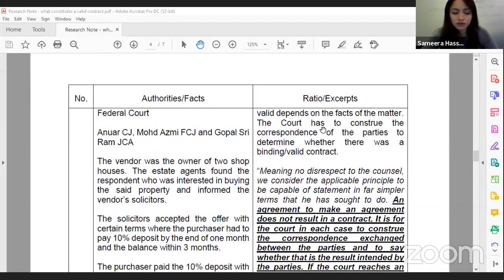Let me give an example of a case I've dealt with. This is an arbitration matter. For an arbitration matter, there would be a clause saying that in the event of any challenges arising from this contract, or even about the validity of the contract, parties need to refer to arbitration.